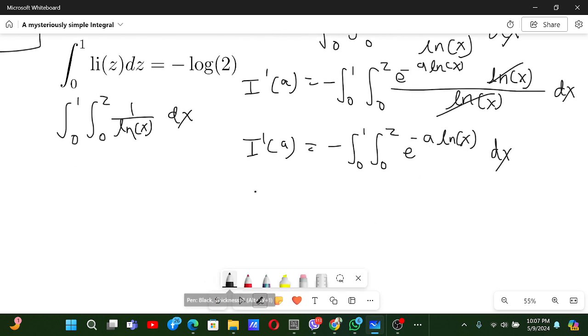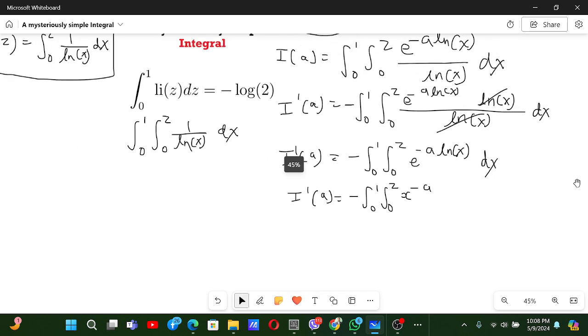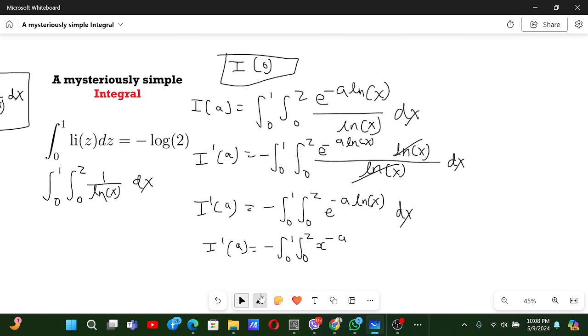So it can be simplified to I dash of a equals negative of the integral from 0 to 1, integral from 0 to z of x to the power minus a. Forgive me for a small mistake over here: after dx we also have dz.